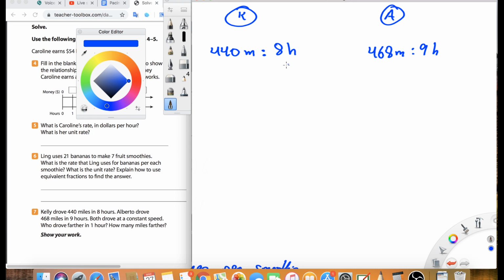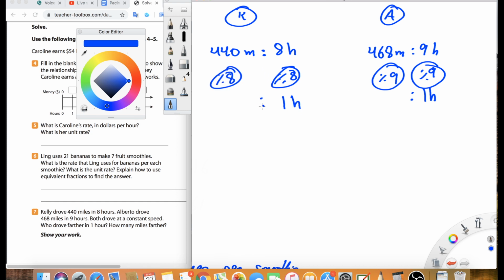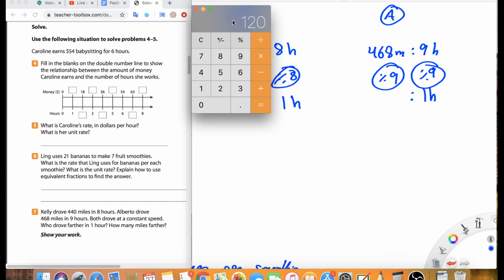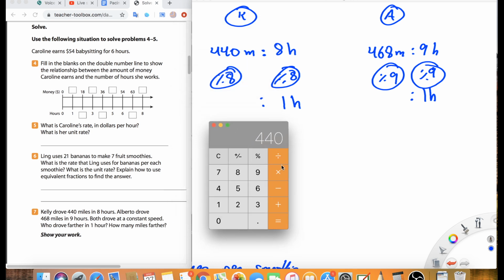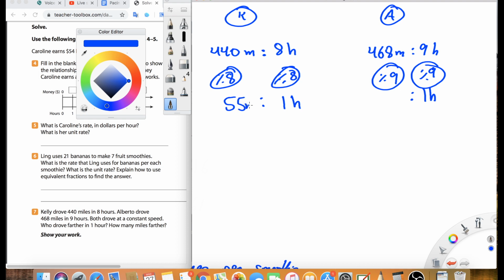Who drove farther in 1 hour? So let's answer that first question in 1 hour. We have to make both of these into 1 hour. That means that each one's going to be divided by a different number. Over here, it'll be divided by 8. Over here, it'll be divided by 9. But we have to do it to both sides. This one, you're allowed to use a calculator. So for the first one, it'll be 440 divided by 8, and we get 55 miles.